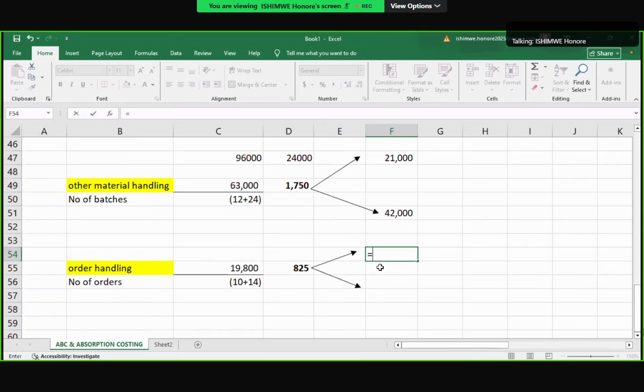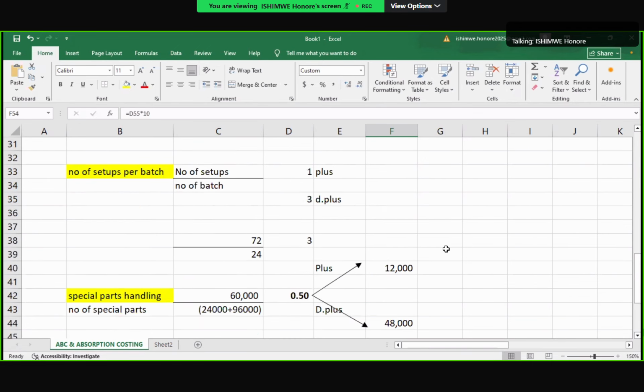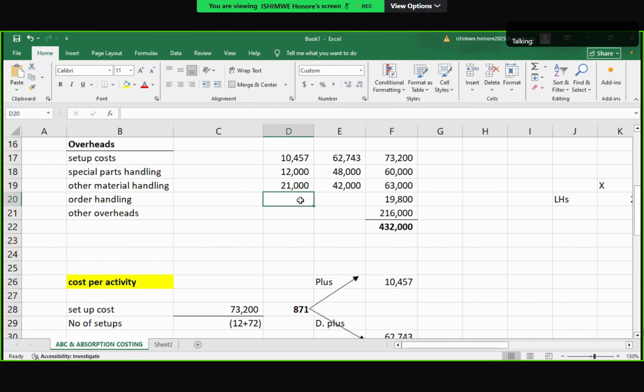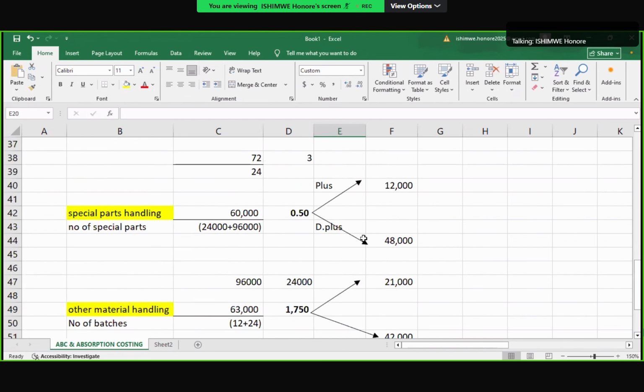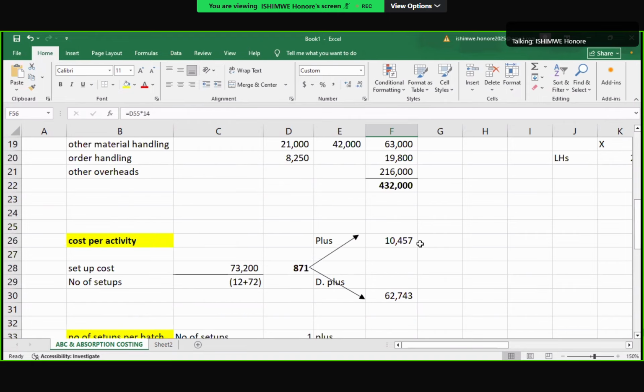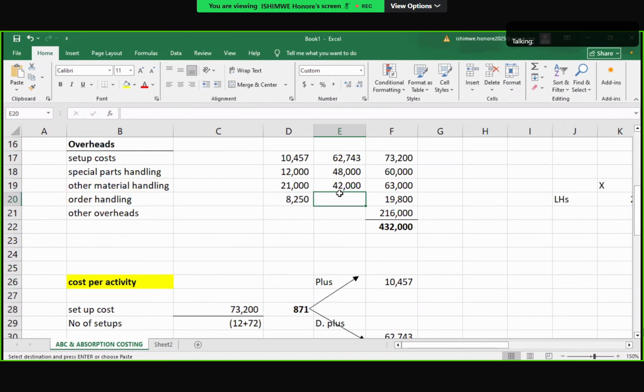It will be 825 times 10, that is for plus. Then for double plus, it will be this one times 14. I'll have this figure, 8250, and here 11,550. If I add it, it becomes still 19,800.